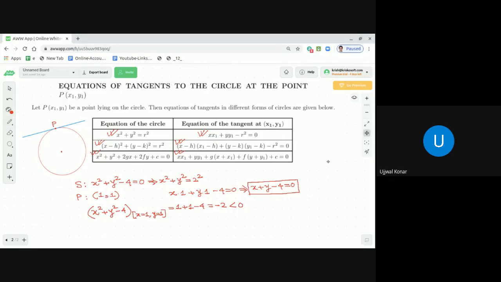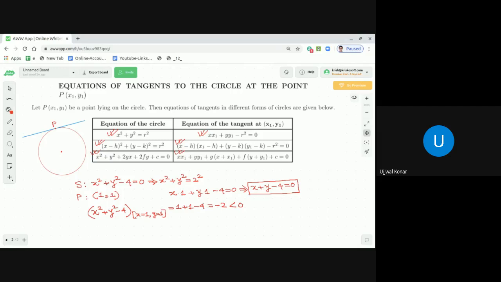Whatever you see as the straight line equation in the second column, that is, x x1 plus y y1 minus r square equal to 0, or x minus h into x1 minus h plus y minus k into y1 minus k minus r square equal to 0, or x x1 plus y y1 plus g into x plus x1 plus f into y plus y1 plus c equal to 0, all these represent the equation of a line. Now that line does not necessarily have to be a tangent.